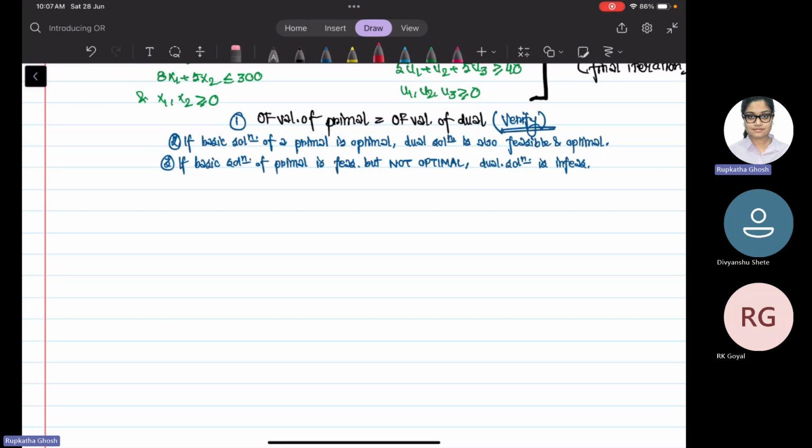so duality gap. So what is a duality gap?